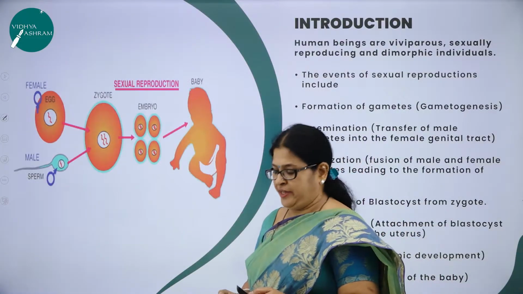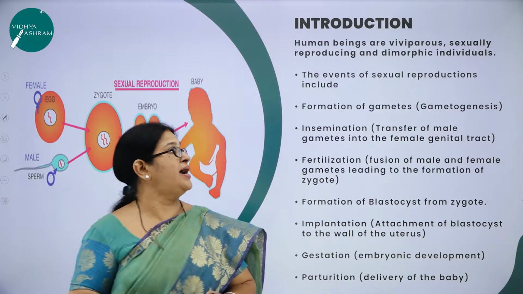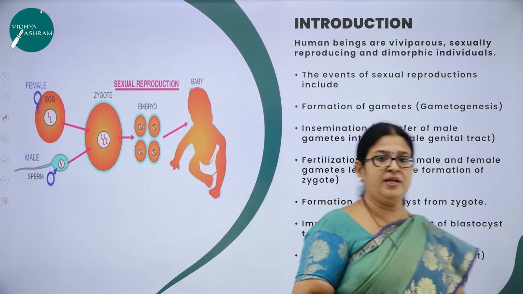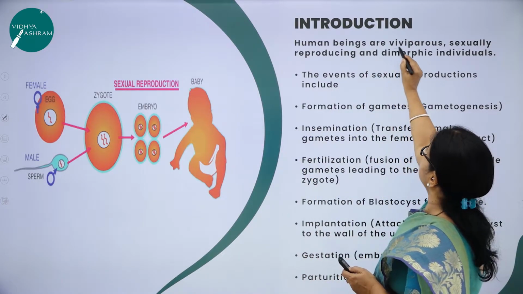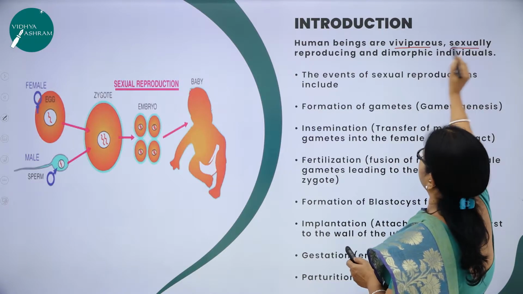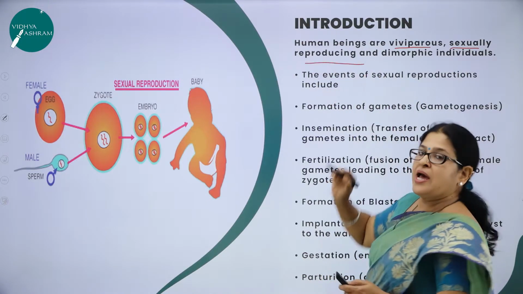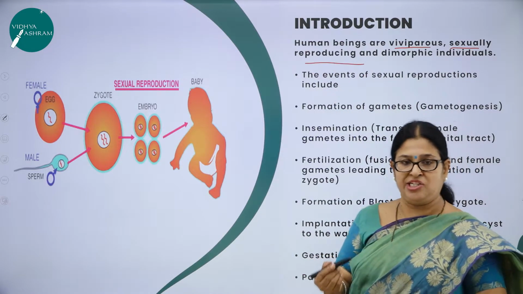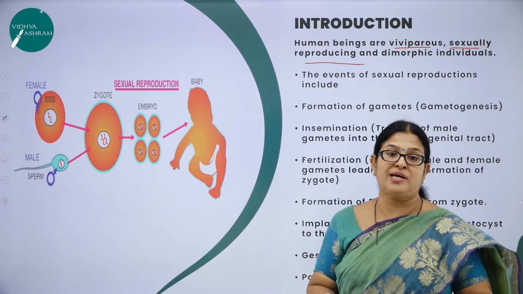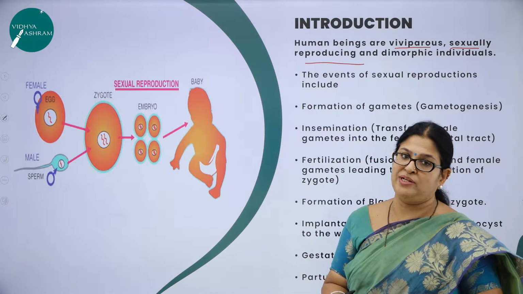As we are aware, humans are sexually reproducing viviparous animals. As we learnt in the last session, viviparous animals are those animals which give birth to young ones directly.